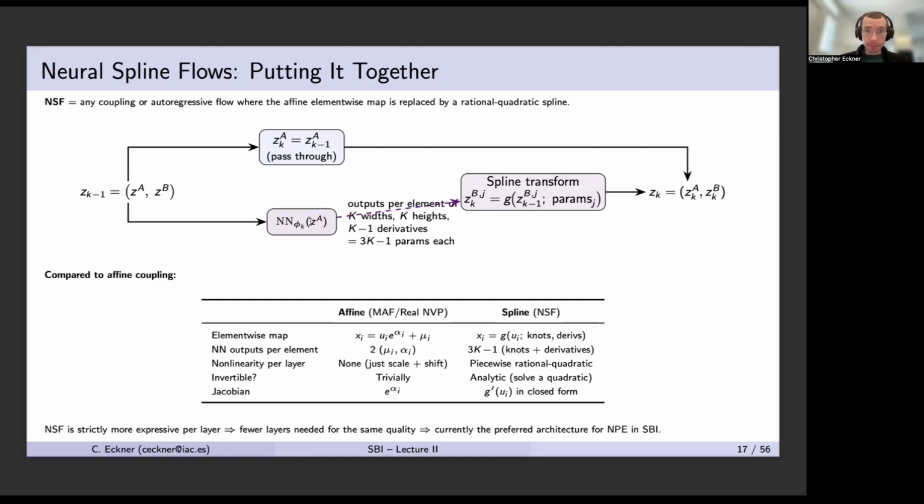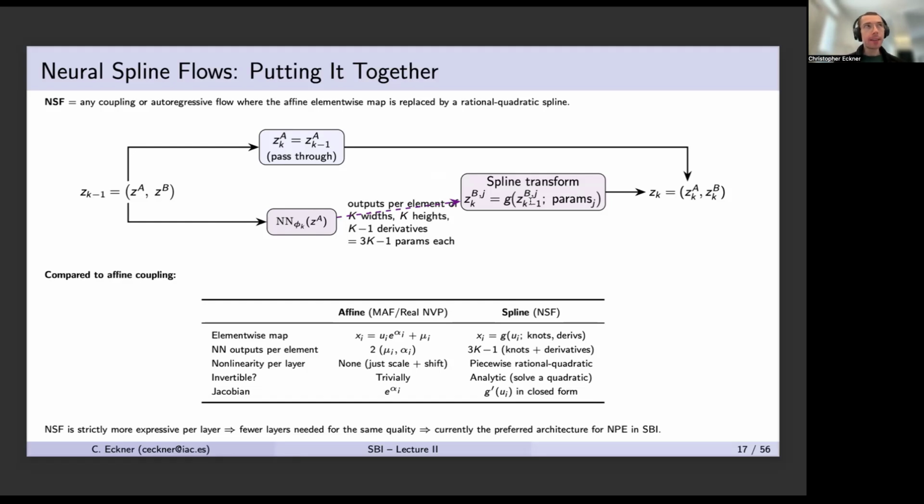And they then are fed as output into this spline transformation. So with these parameters, you would then produce your normalizing flow spline. And basically then the spline takes as input this neural network transformed subset A and as well subset B and applies the spline.